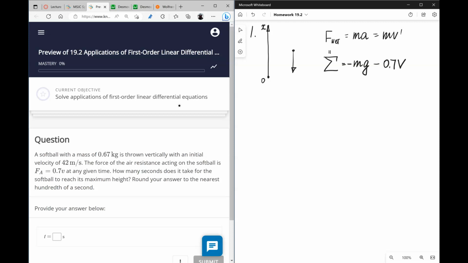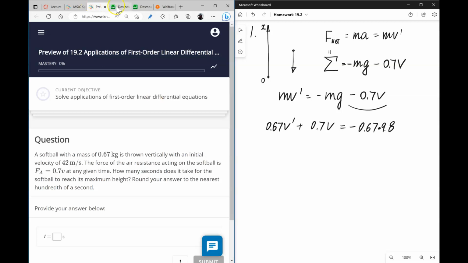So with that being said, we have the following differential equation. We're going to plug all the values in, and we're going to add 0.7 V to both sides. So here's what we get. We get 0.67 V prime plus 0.7 V being equal to negative 0.67 times 9.8.